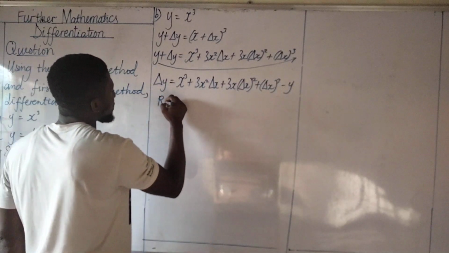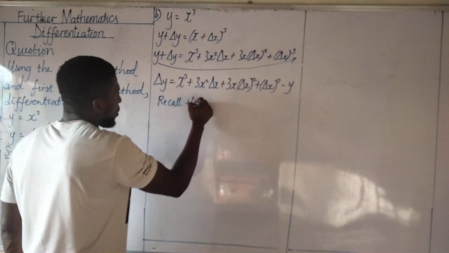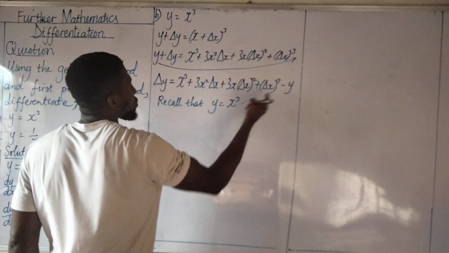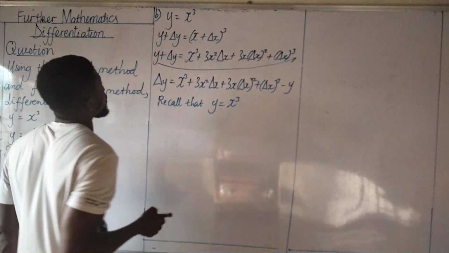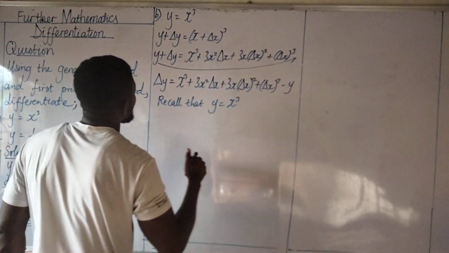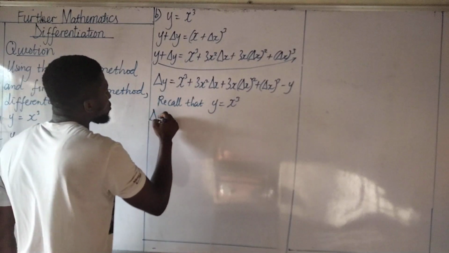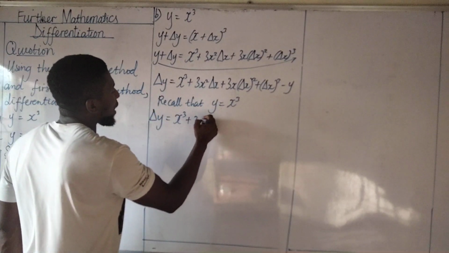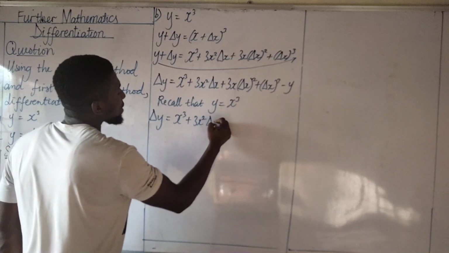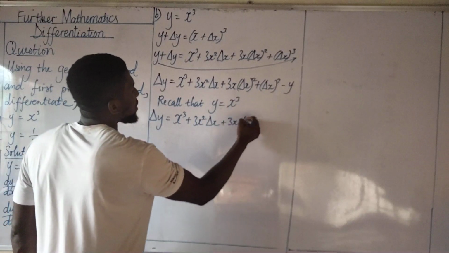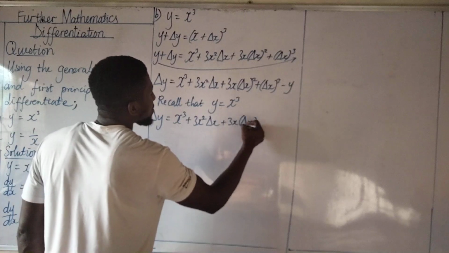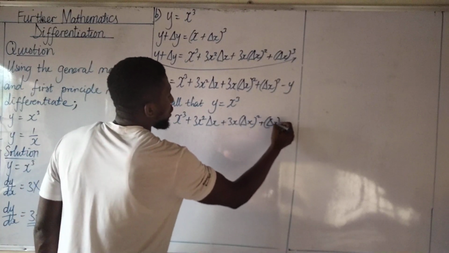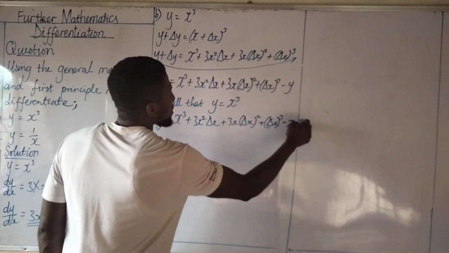Alright, recall that y equal to x raised to the power 3. So we are going to substitute for y using x raised to the power 3. So remove it and put x raised to the power 3. We write this, we have change in y equal to x raised to the power 3 plus 3x squared change in x plus 3x change in x all squared plus change in x all cubed minus x raised to the power 3.